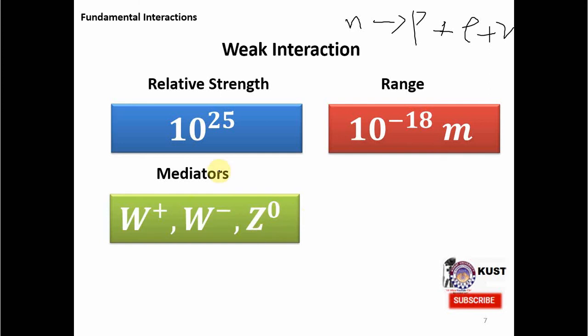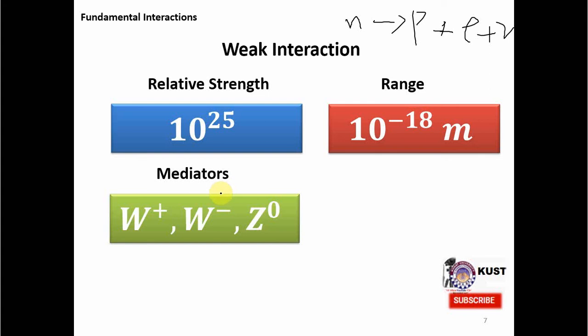As I said, after the Fermi theory, Salam, Weinberg and Glashow gave their own model, and in this model they explained the weak interaction in detail. Actually, these three were able to combine the weak nuclear force with the electromagnetic force, and this was the first instance of combining the fundamental forces together in the modern era.